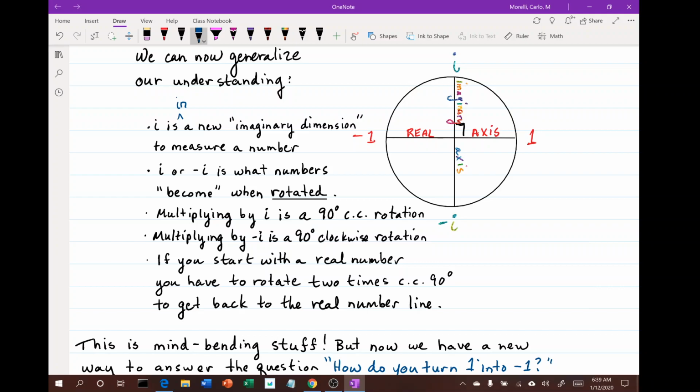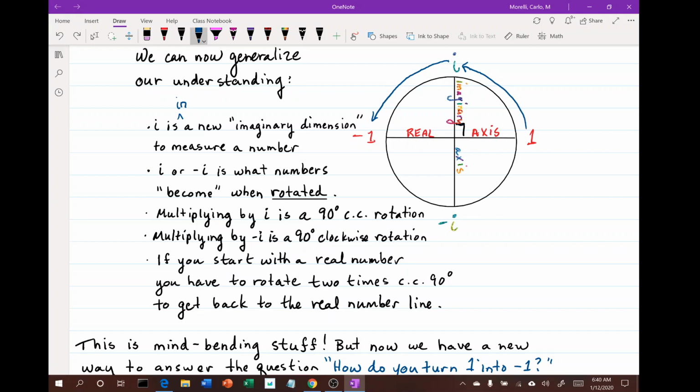It is perpendicular to the real number axis. So here you have numbers, and here you have i's. And to get from 1 to negative 1, you have to pass through the imaginary axis. You see that? So you cannot cut across. This is not allowed. You have to follow the circle.